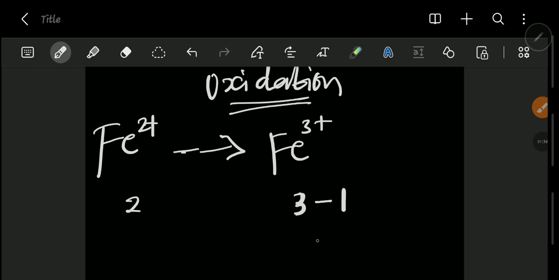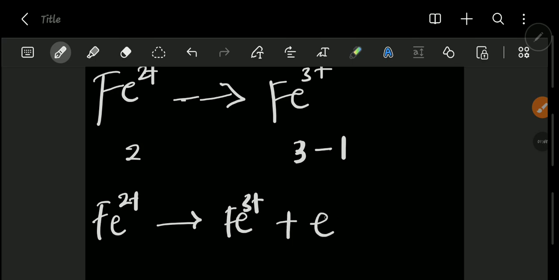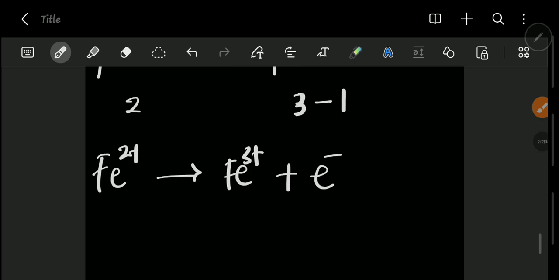So I'm subtracting 1, which means I'm adding 1 electron on this side. Are you getting what I'm saying? So I'm going to have Fe2+ and Fe3+, then I'm adding 1 electron, right? 1 electron to reduce it to 2, right?